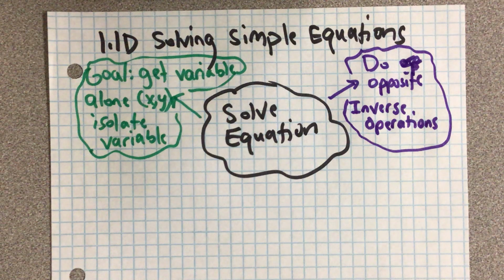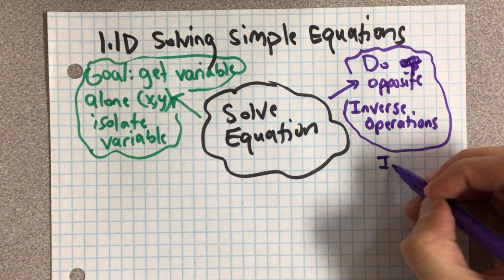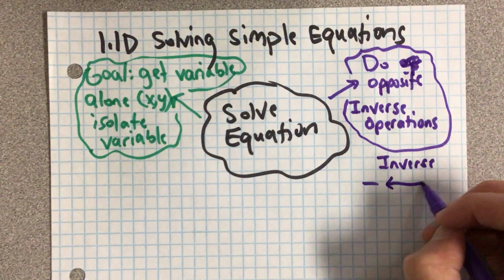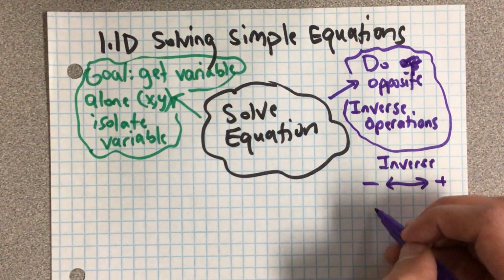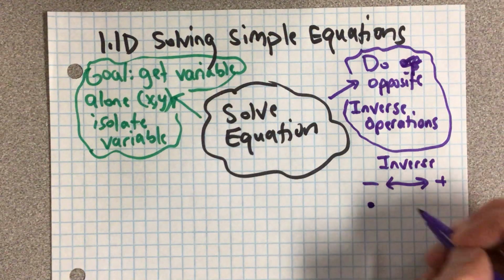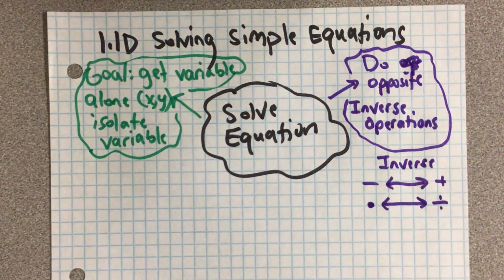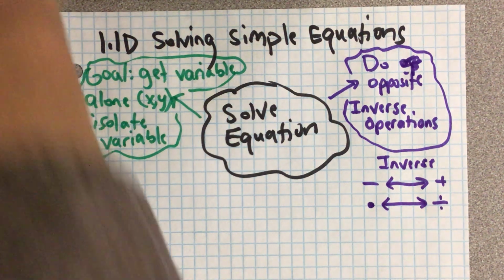So if we were to write this down quickly for our inverses, we have subtraction and addition, and we have multiplication, which I'm going to use the dot for, and division. These are our opposites. Very important to remember this. But when we do our opposite operations, it's not just a matter of doing an opposite operation.